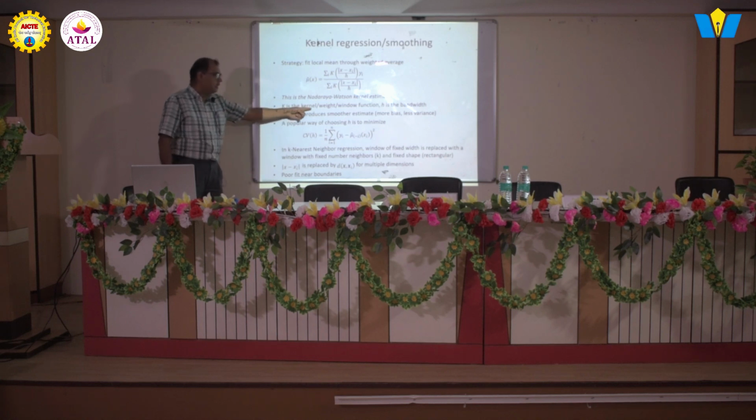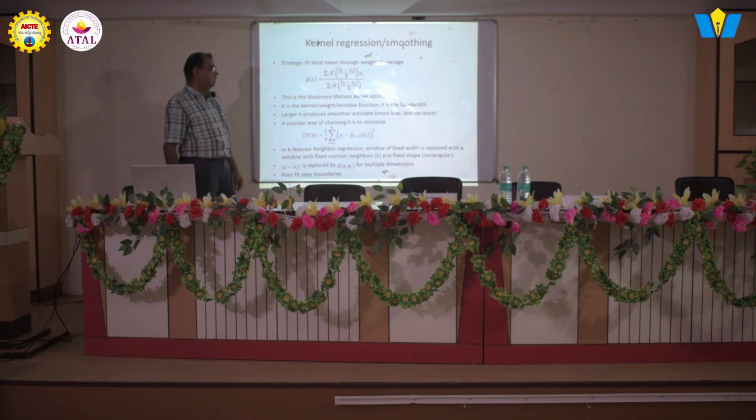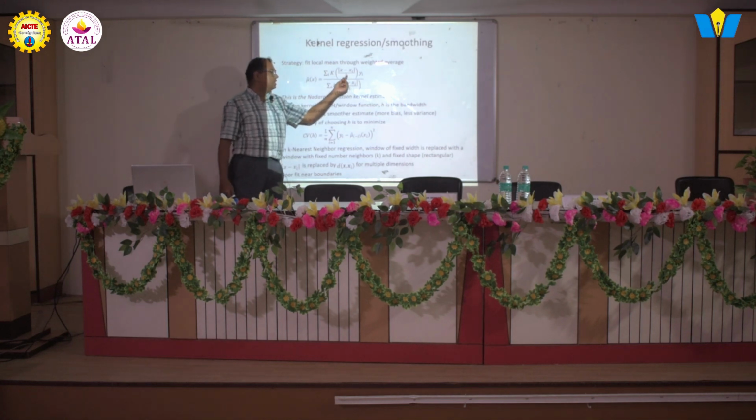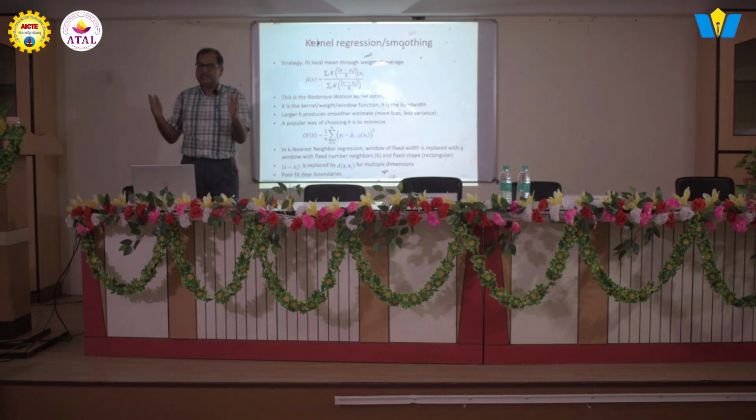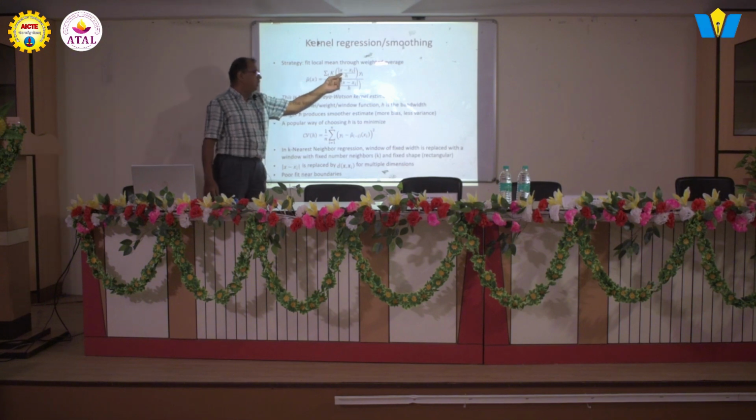So K is a kernel or window function, and this H is the bandwidth. See, I have not talked about H so far. If H is large, that means you have a very relaxed definition of what is a neighbor. If H is small, then you are very choosy. That is, a small deviation from x will make it a far neighbor if H is small.